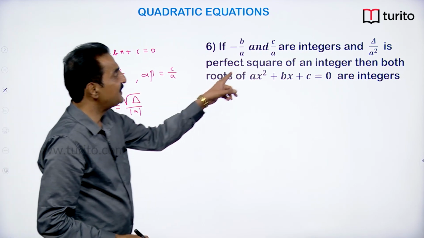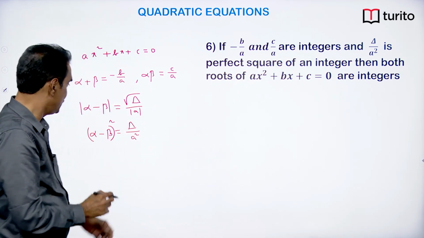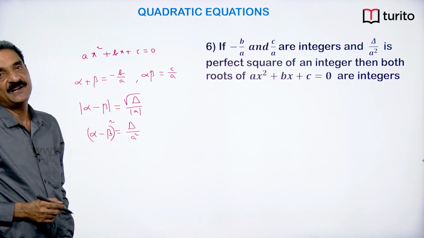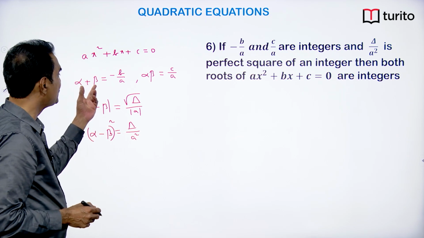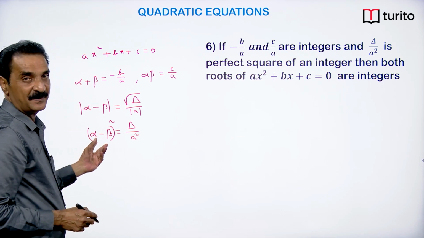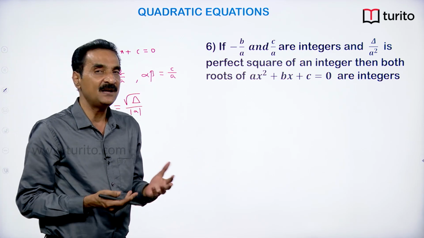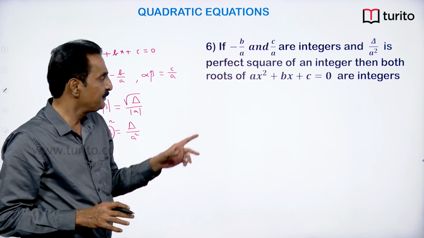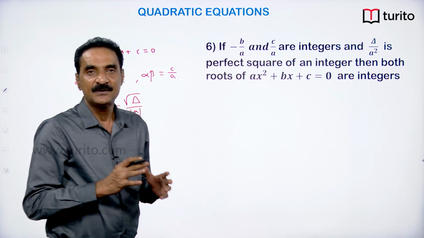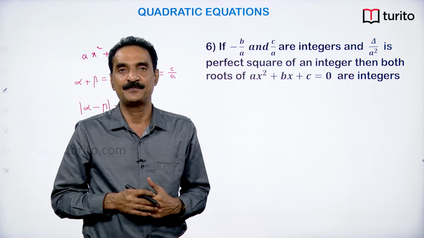If delta by a square is a perfect square of an integer, then alpha minus beta is an integer. Alpha plus beta is an integer, alpha minus beta is an integer, and alpha beta is an integer. So, obviously, alpha and beta both should be integers. So, this is about the nature of roots.